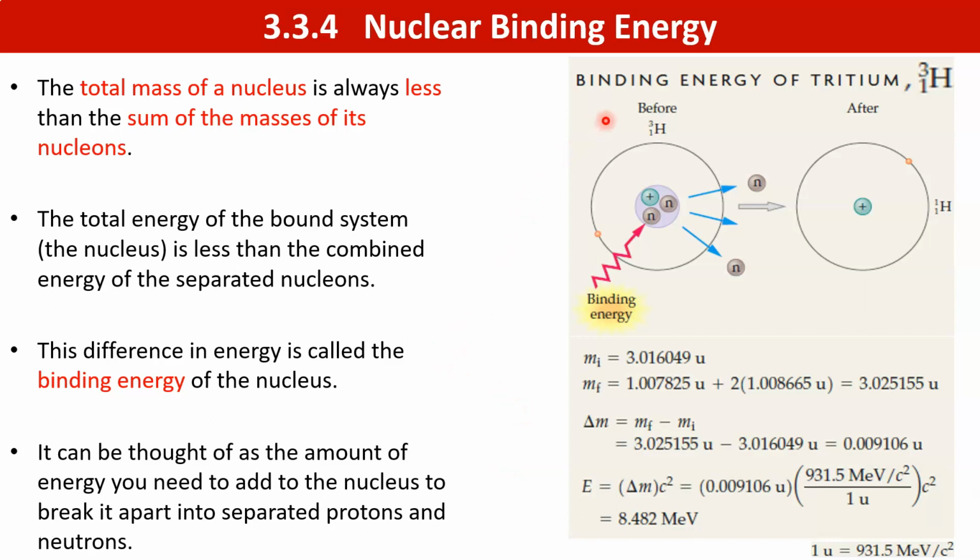For example, this is the binding energy of tritium. Tritium is actually hydrogen 3 1. Before, it has a mass of 3.01604 unified mass units, but after, it has 3.025155 unified mass units.